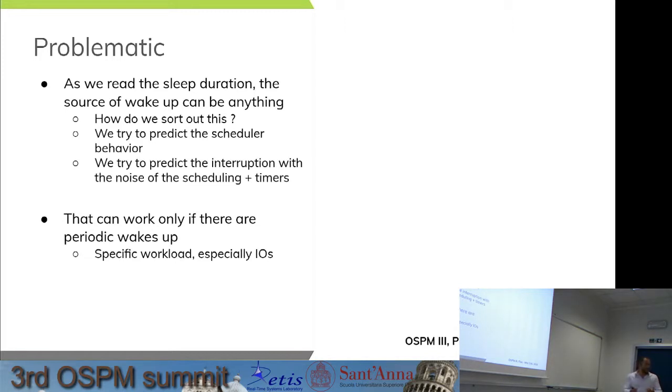No, because we already have the information. So that approach works only if we have something periodic. If we are lucky between the rescheduling, the interrupt and the timer, and we have something more or less periodic, then we can make a good decision. But we are lucky.